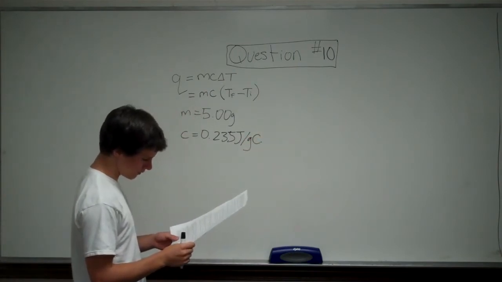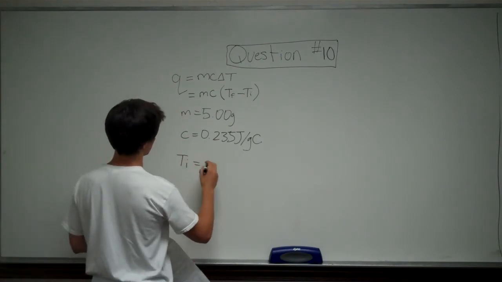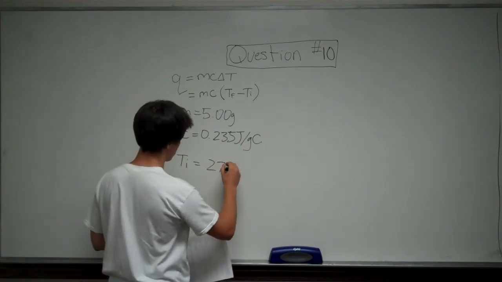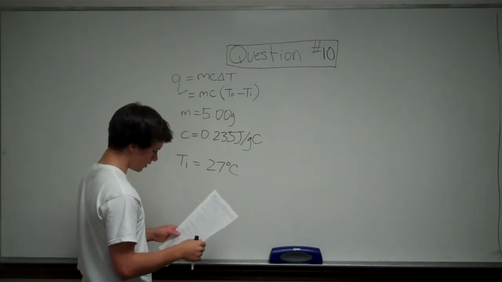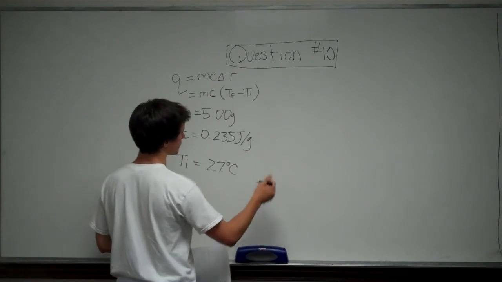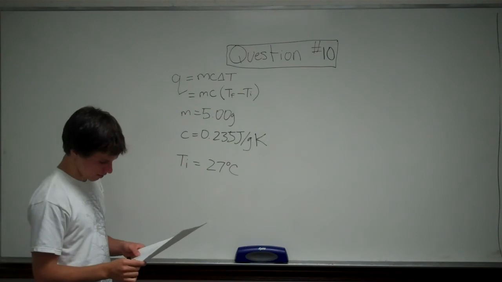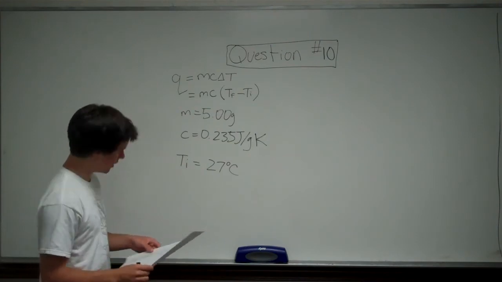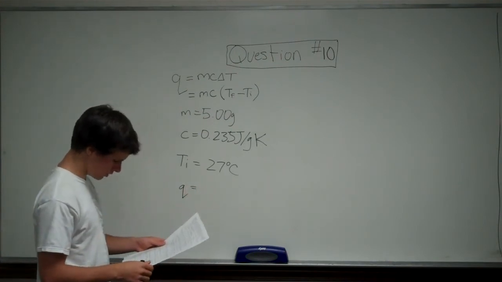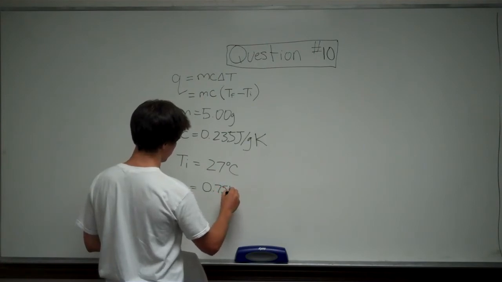And they also give us the initial temperature, so Ti equals 27 Celsius. And my mistake, this was actually in Celsius. And finally, they give us Q, which is 0.75 kilojoules.